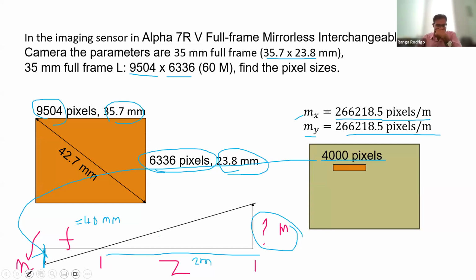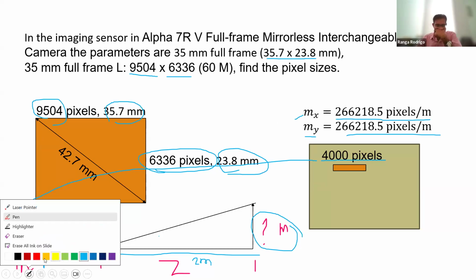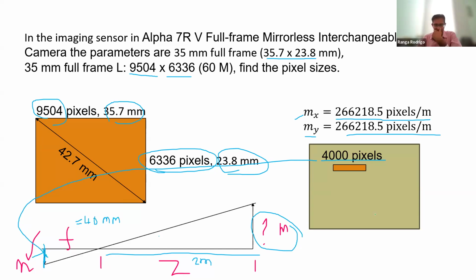We can do that. Okay. So this 4,000 pixels, we have to convert that to meters, so divide that by mx.